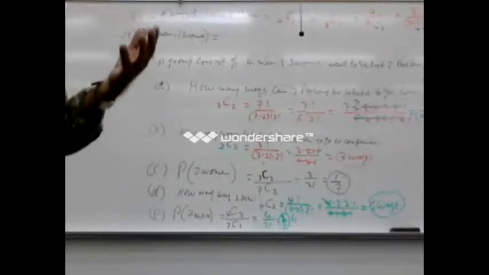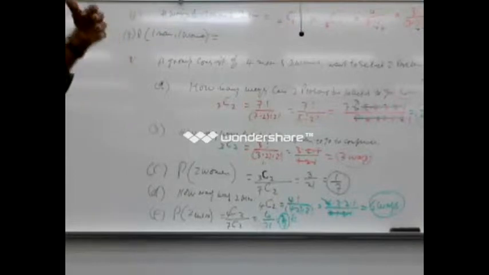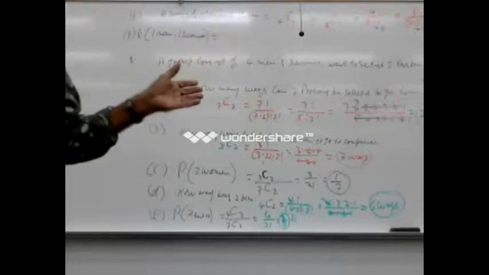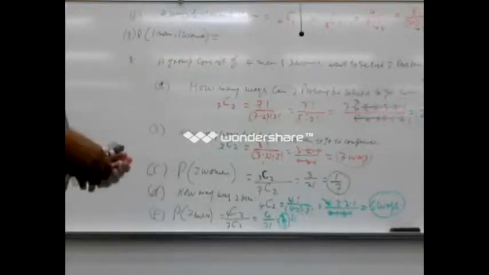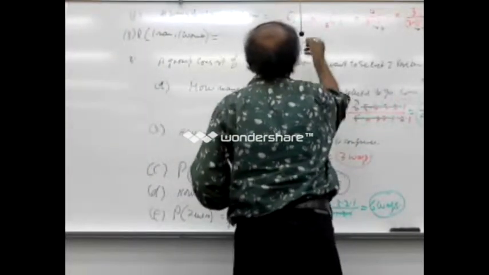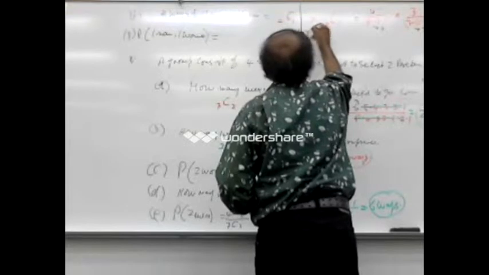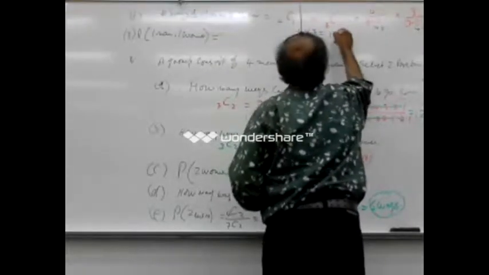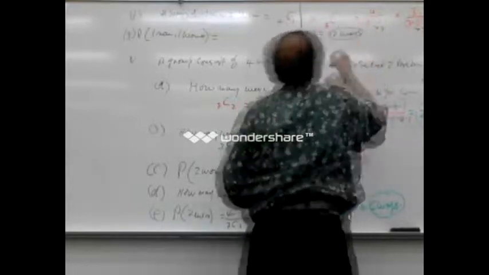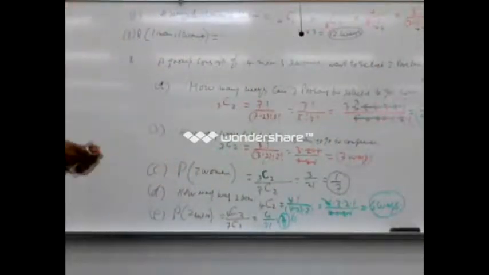And because order is not important, if you make these men and women distinguishable, whether you select one in front of the other, it doesn't make any difference. So then, the number of ways of selecting 1 man and 1 woman is going to be equal to 4 multiplied by 3, which is equal to 12 ways. So we have 12 ways, class, of selecting 1 man and 1 woman to go to this conference.